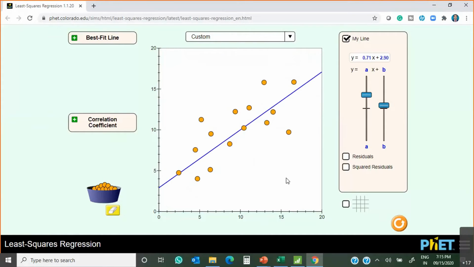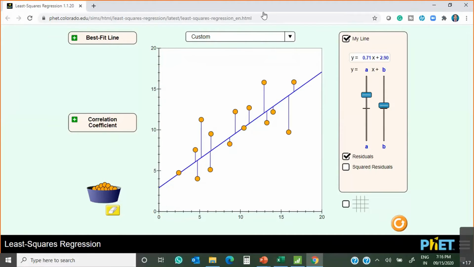Okay, so which can be drawn by my perspective or my assumption or my imagination, which will be going exactly through the centers of these points, and we can say this is the line which will be explaining the perfect relationship between these 2 points. But if I am going to draw the residuals, so what is the residuals? Residuals is nothing but the observed value which I already got, right?